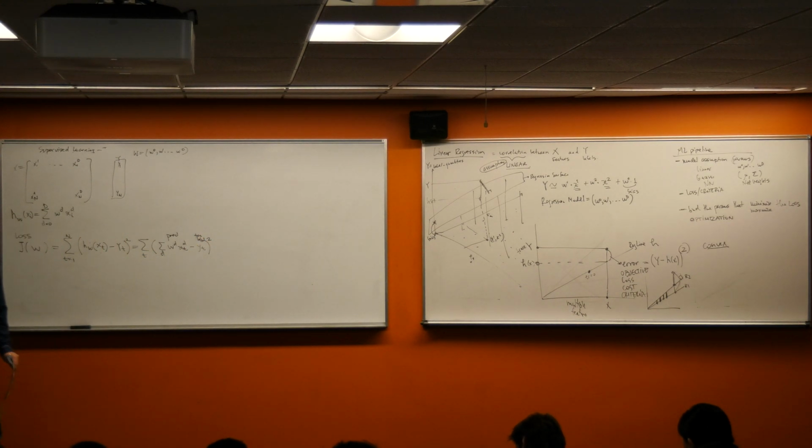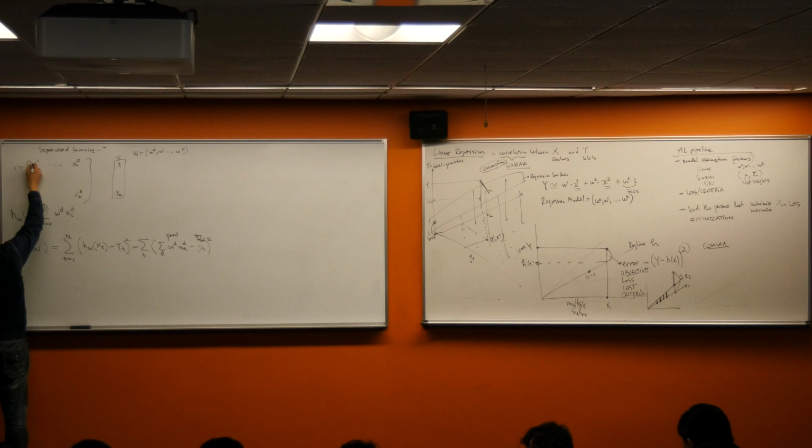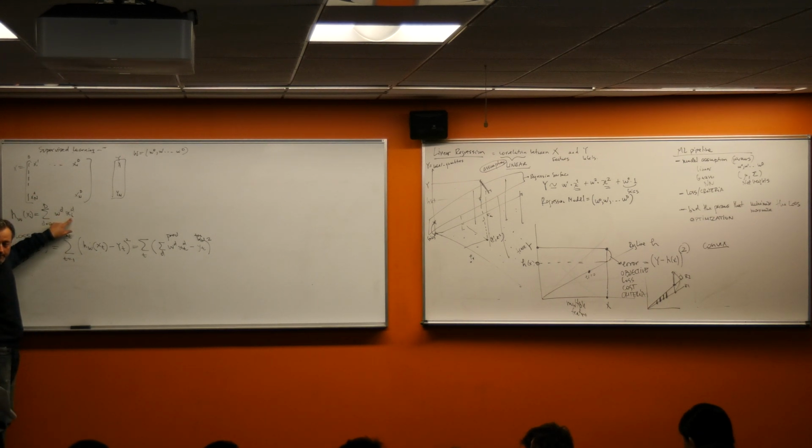Yes? For the dimensions to work out, you just add a column of 1s on the left of the x. That's correct. So we can add a column 0 here, which is all 1s. Because what is W0 going to multiply with? There is no x0 feature, right?